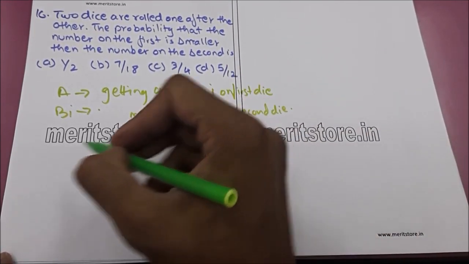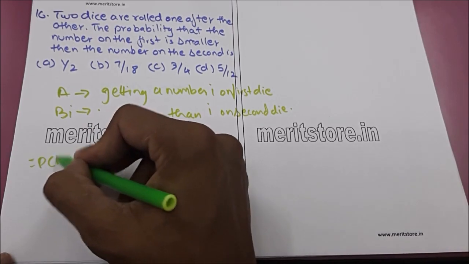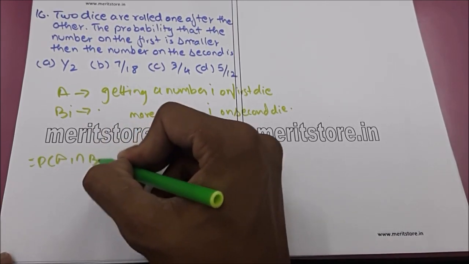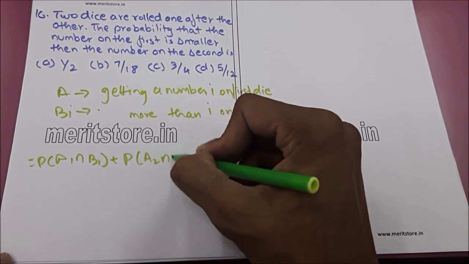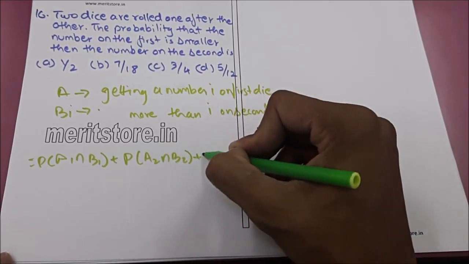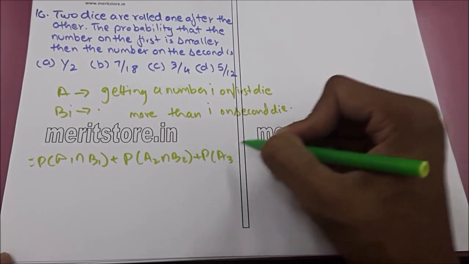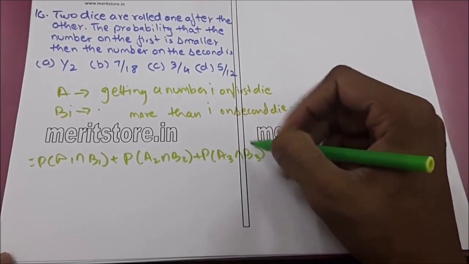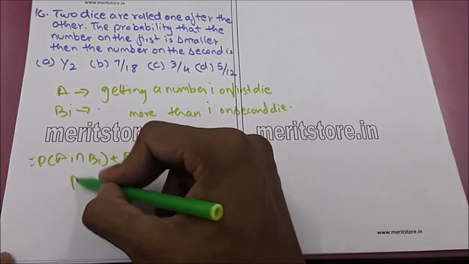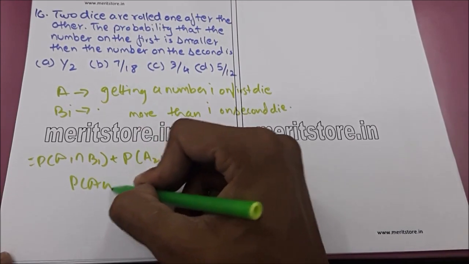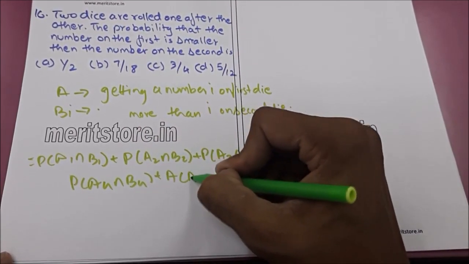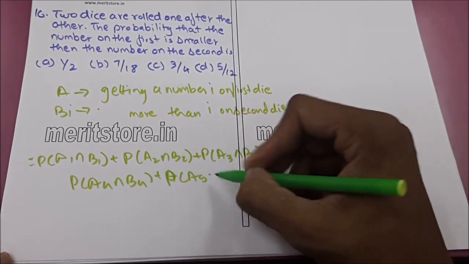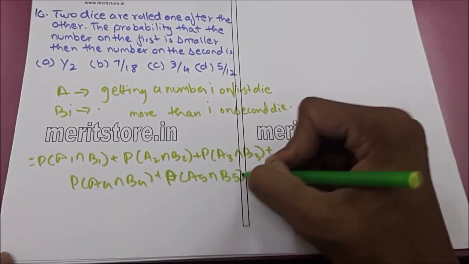So the required probability, that is P of A1 intersection B1 plus probability of A2 intersection B2 plus probability of A3 intersection B3 plus probability of A4 intersection B4 plus probability of A5 intersection B5.